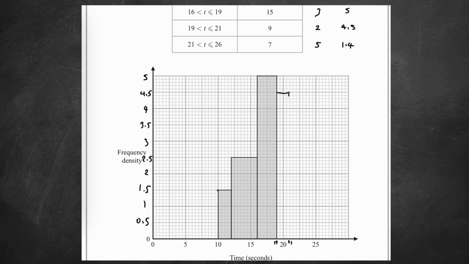And you'll be using a ruler in the exam. I'm on an iPad, so I do not have a ruler. And then the other one is going to be a width of 5 and a frequency density of 1.4, which is going to go from 21 to 26, which is here. And it's going to be about there.